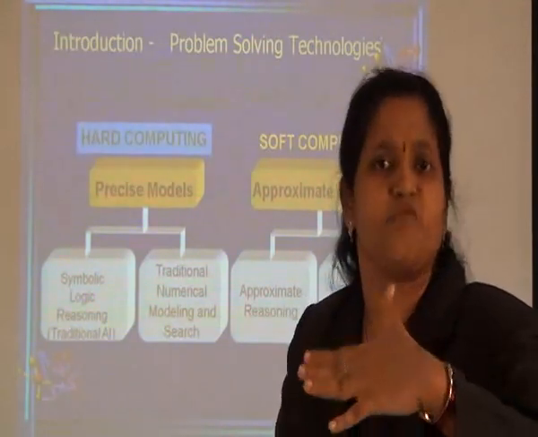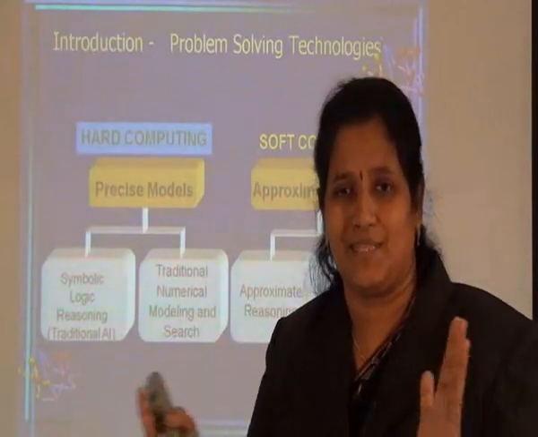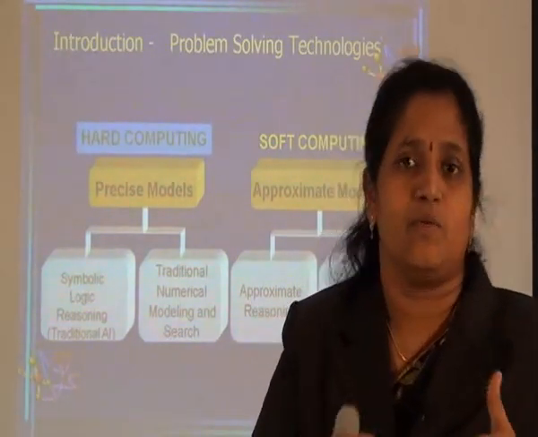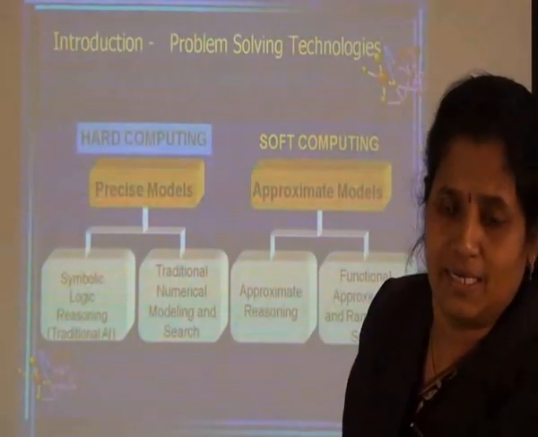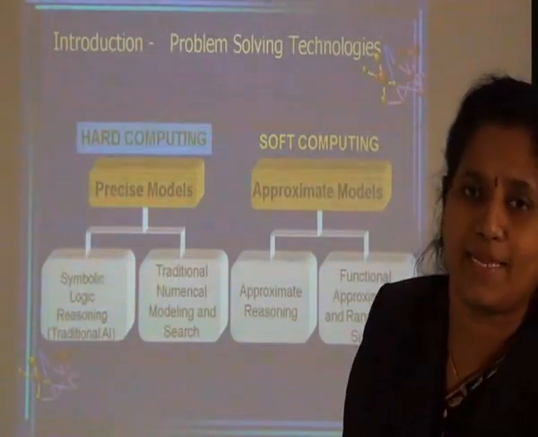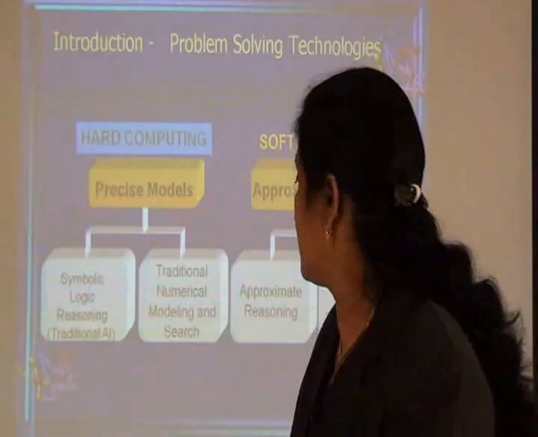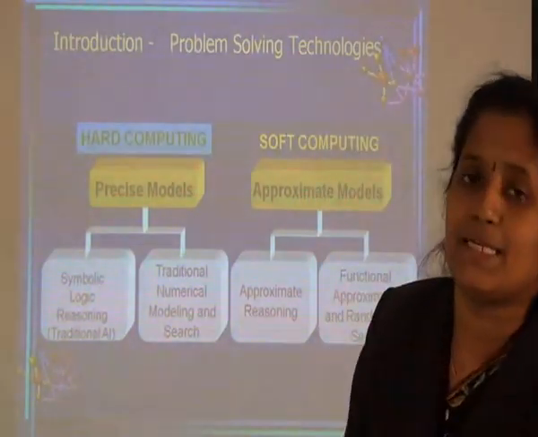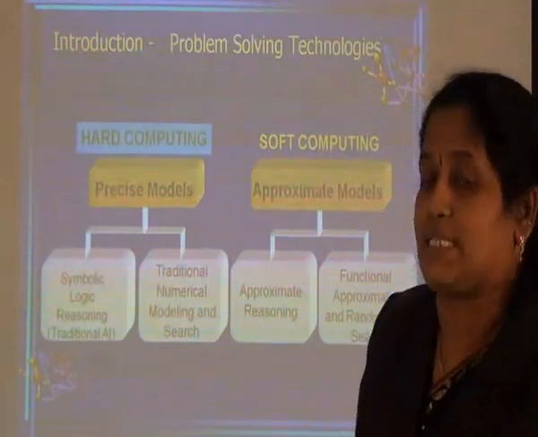It helps to solve the problem, whereas soft computing also helps to solve the problem. But in hard computing, for the input, we are able to create a precise model, and this is totally a traditional numeric model. If you have data, it can be modeled as either a numerical model or an analytical model, and it works based on logical reasoning.